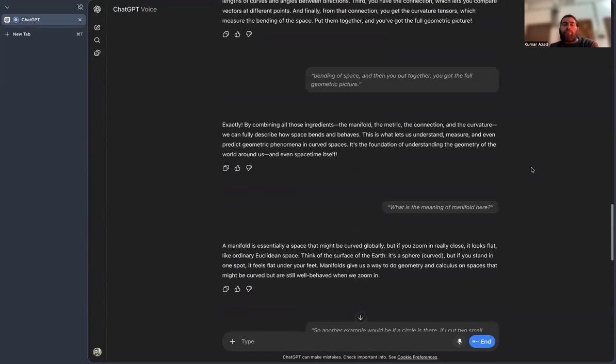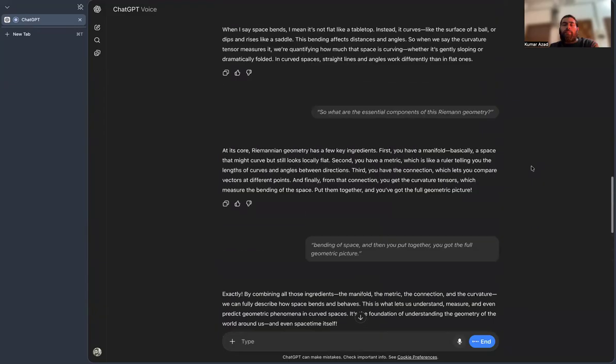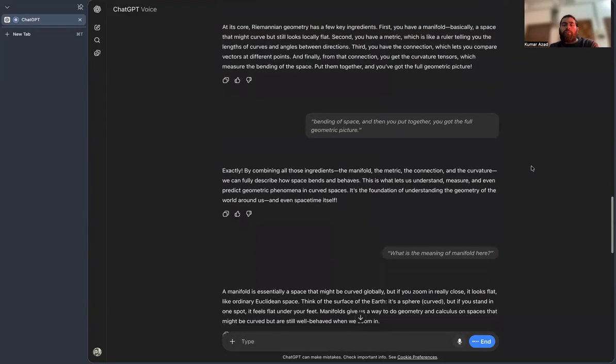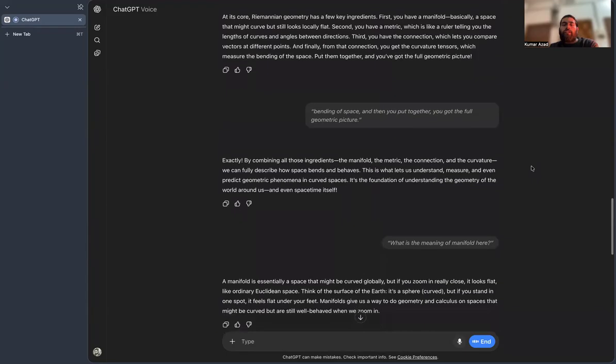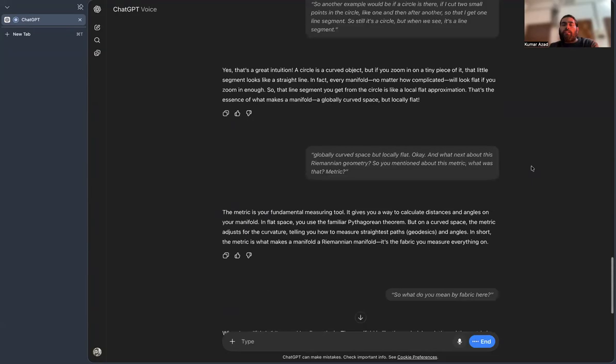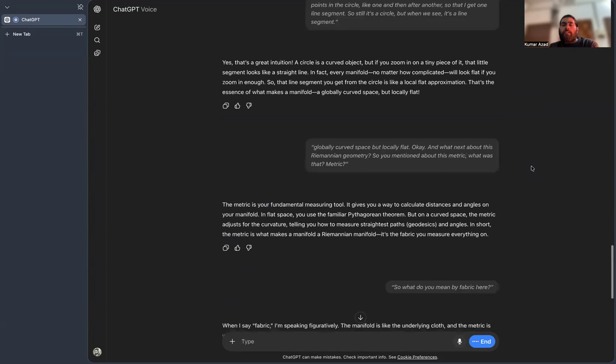So you talked about this metric also, and so basically Riemannian geometry tells about the curvature, but that curvature has many things like curvature tensor, metric. You're spot on.